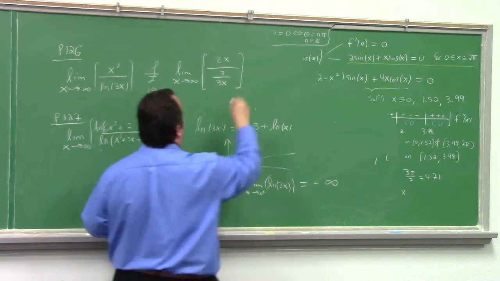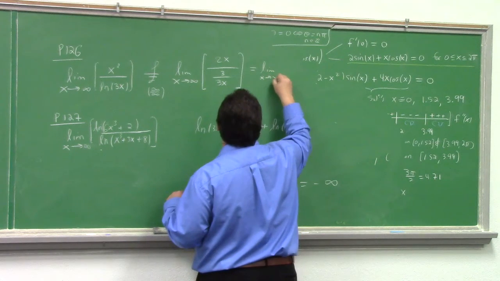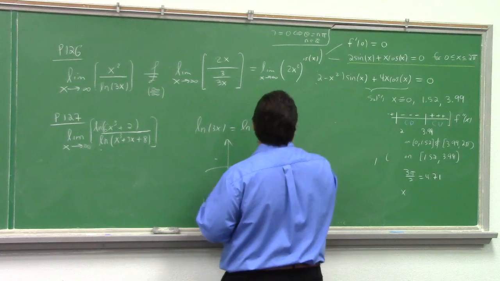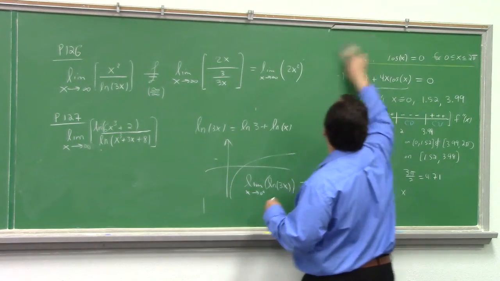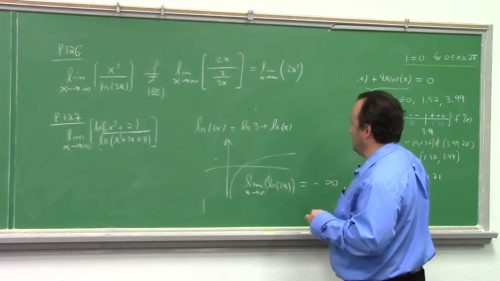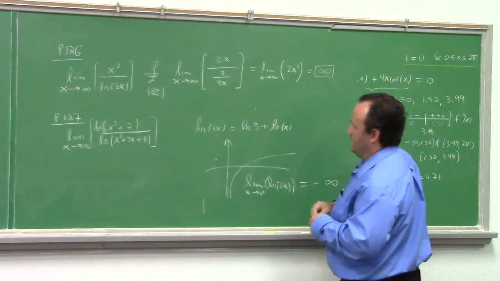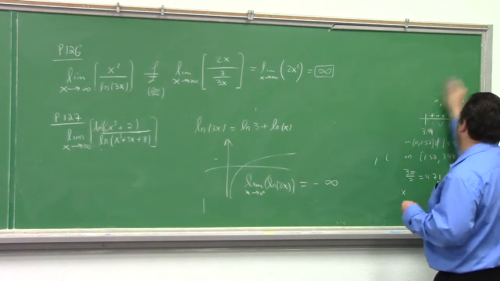Which gives me limit 2x squared. And that is not ambiguous. That diverges. So, yeah.